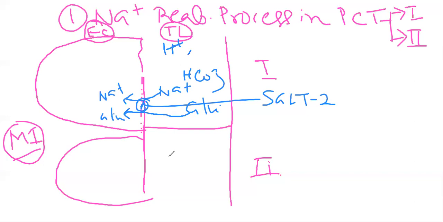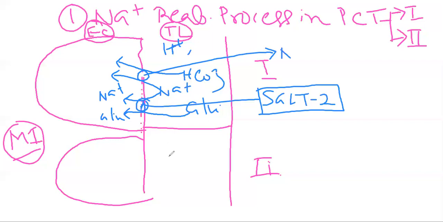So by the action of SGLT2, this process is the secondary active transport mechanism by which sodium ion can be reabsorbed. First. Second is that sodium ion can again be reabsorbed with the help of the sodium bicarbonate co-transporter pump.